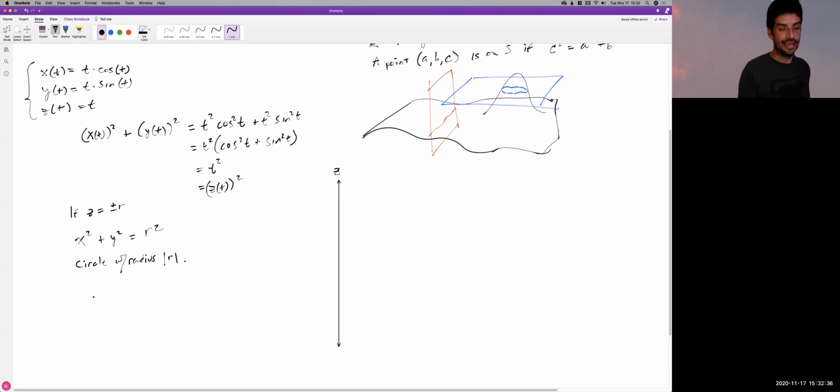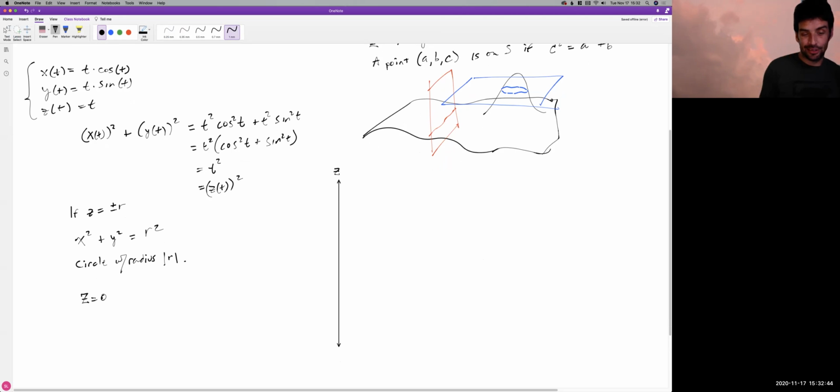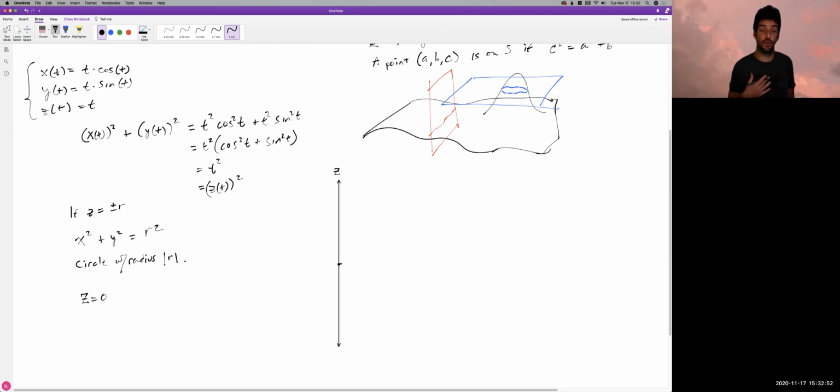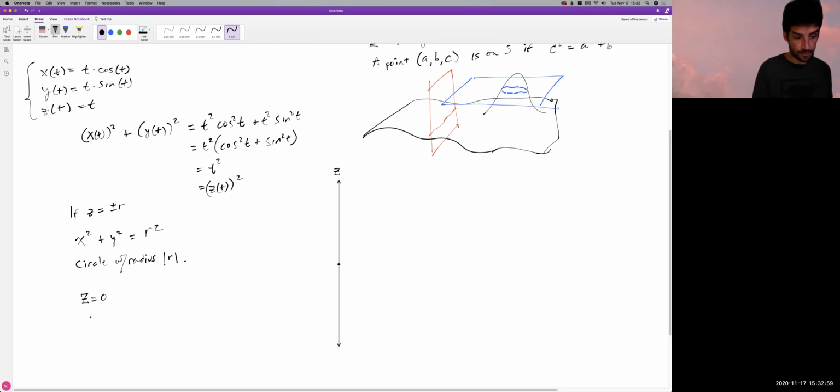Let's think about letting z equal several different constants. When z is equal to 0, that's our first value of r, a circle with a radius of 0. Well, z equals 0 is a horizontal slice right at the origin. Let's put the origin there. At the origin, a circle of radius 0 is just a point. In other words, when z is 0, x and y both have to be 0.